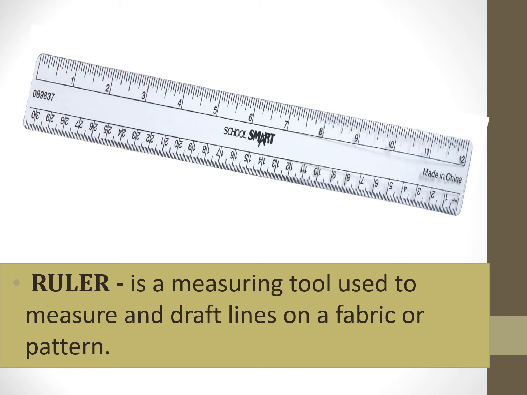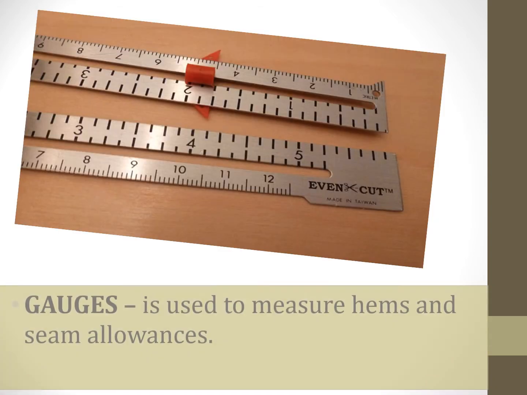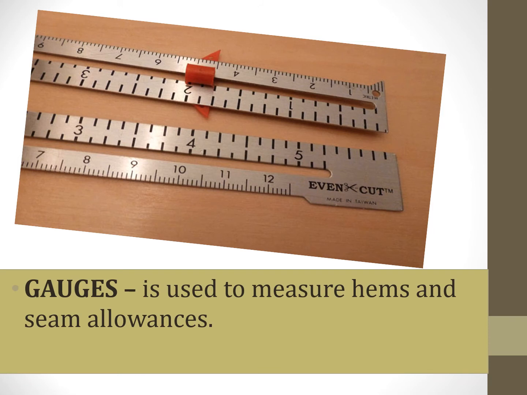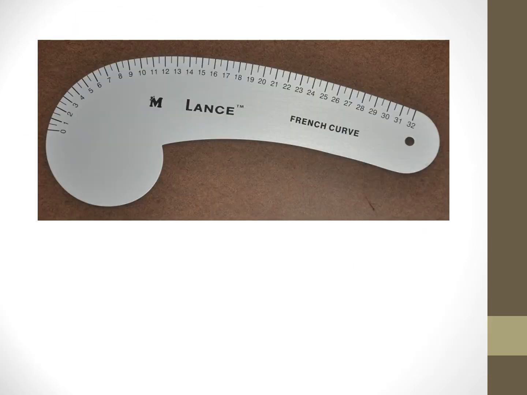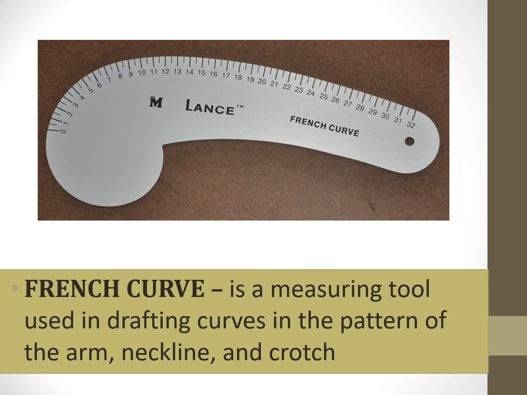Ruler is a measuring tool used to measure and draft lines on a fabric or pattern. Gauge is used to measure hems and seam allowances. French curve is a measuring tool used in drafting curves in the pattern of the arm, neckline, and crotch.